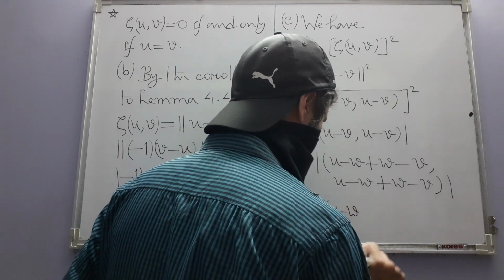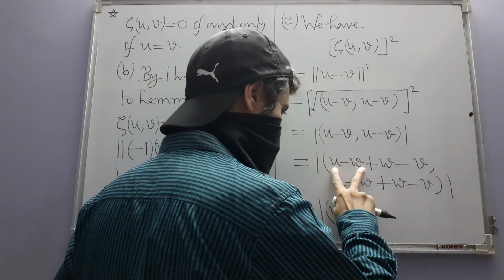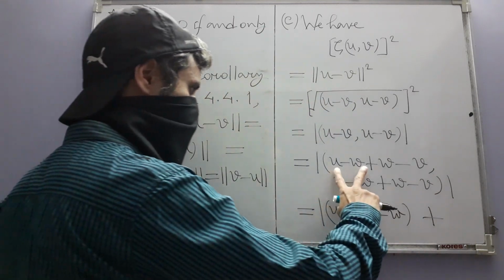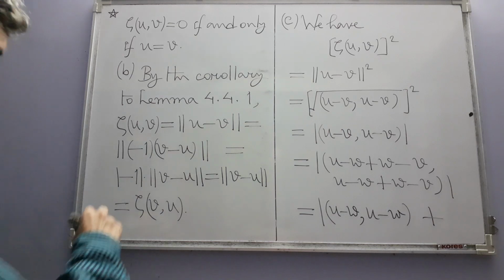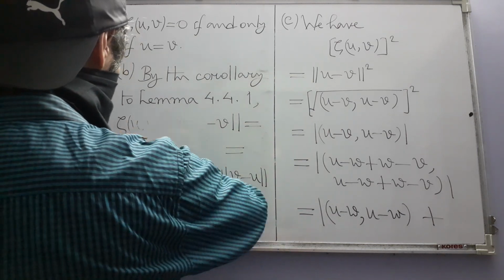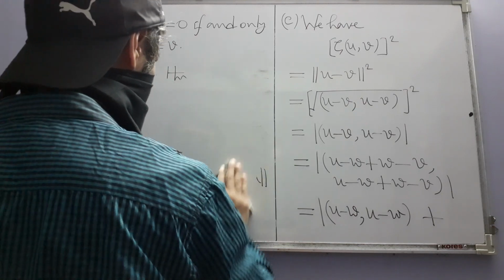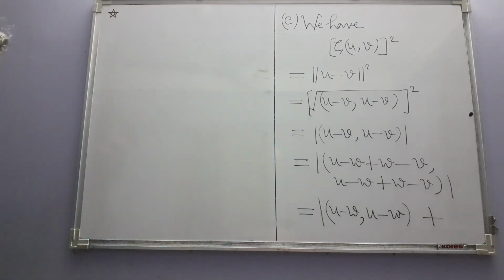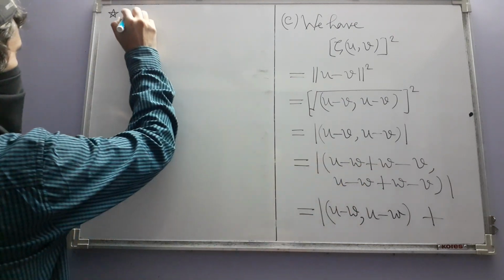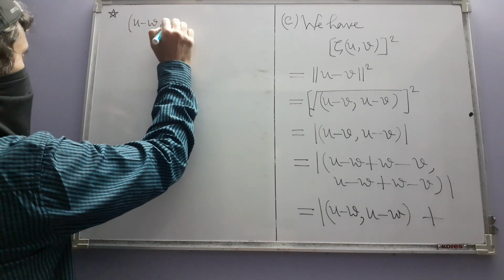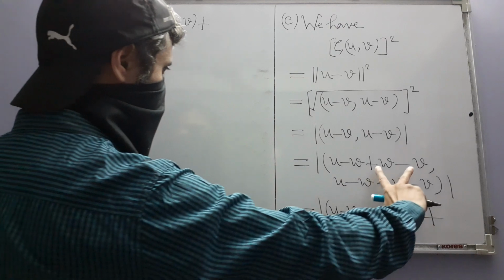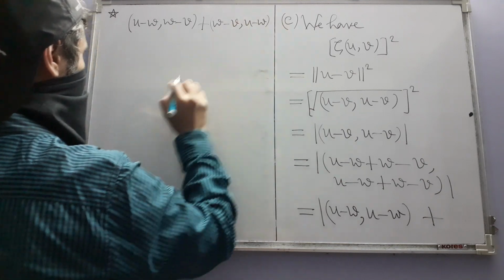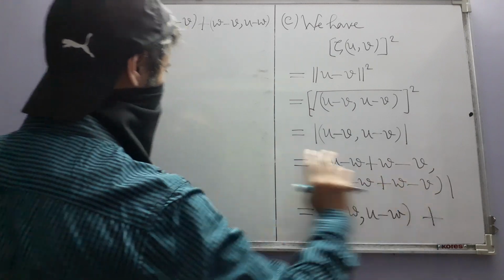Doing that expansion, we get the inner product of u minus w and u minus w, plus the inner product of u minus w and w minus v. Four of them we will get. Plus the inner product of w minus v and u minus w. And finally, the inner product of w minus v and w minus v.